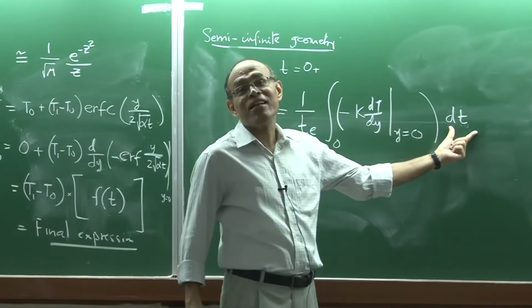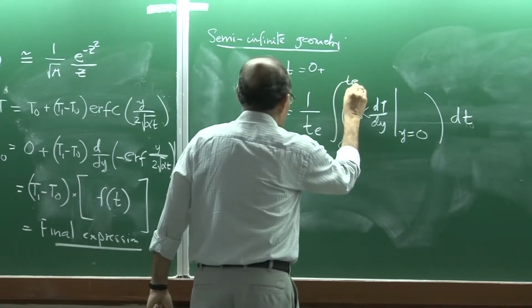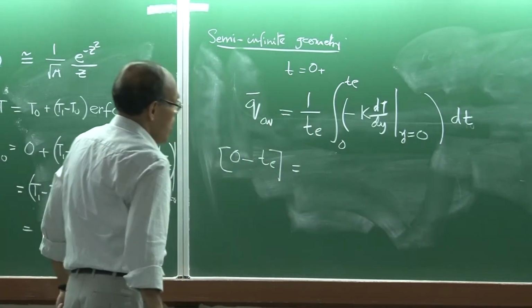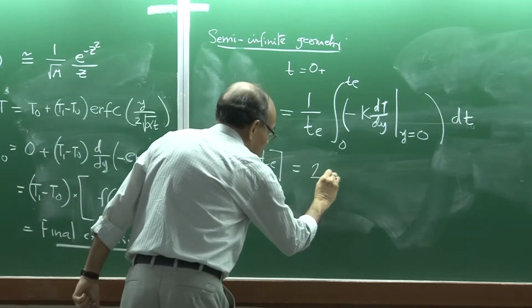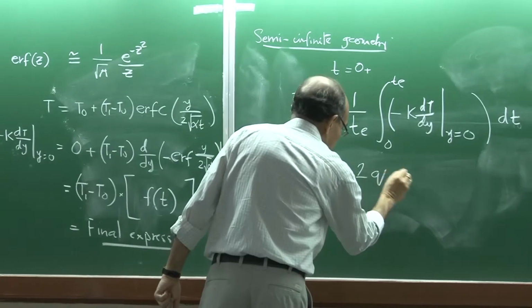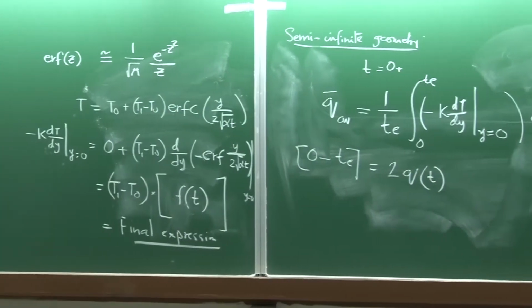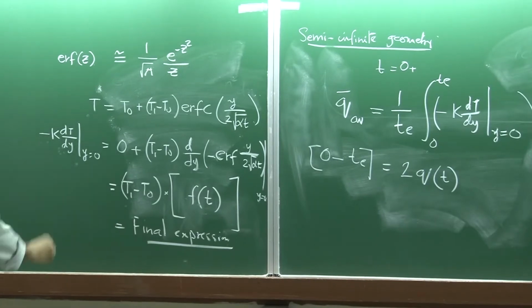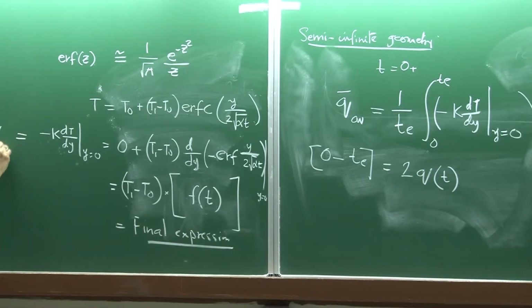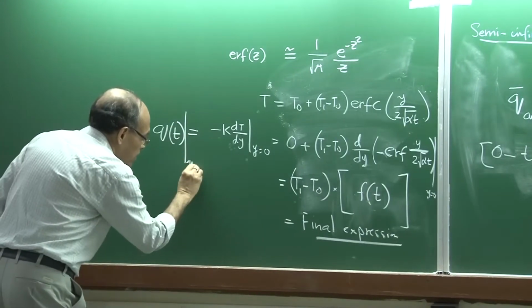So, you can integrate it very well with respect to time, and as a result one can show that this is actually equal to 2 times the time dependent heat flux at y equal to 0.